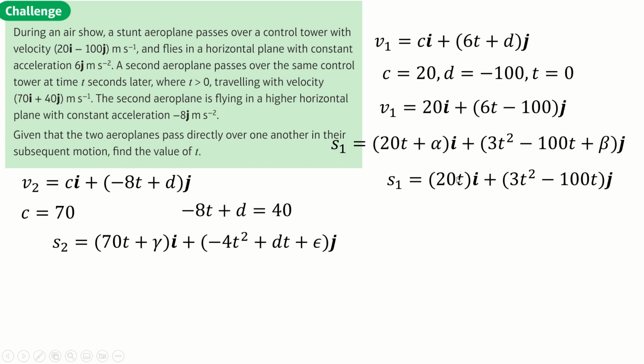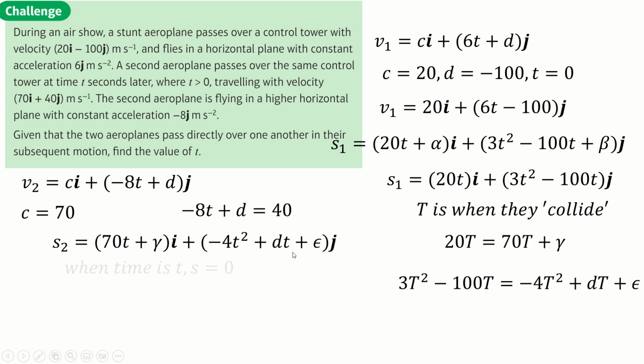Anyway, from here, I'm going to define big T to be when they collide. So I'll say that 20 big T must equal this for that big value of T. So a later value of T when they collide. And also this must equal this for some other big value of T. And now I'll say when time is little t, the position is 0. So I know this when time is little t is 0, and this when time is little t is also 0.